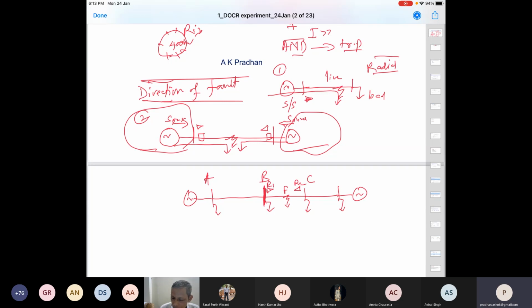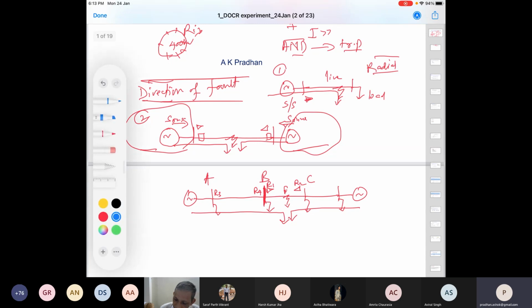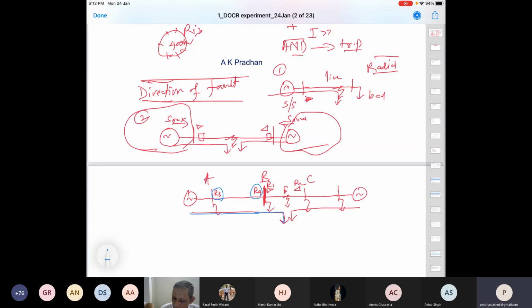But what happens here? For this fault, current will flow from this to this, and also current will flow from this to this. Similarly, relays will be there. Let us say this is R3 and this is R4. The same current that R1 and R2 are looking at will flow through R1, R3 and R4 also.